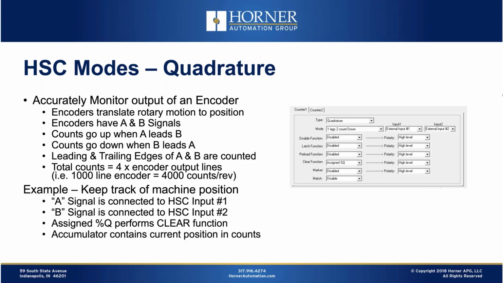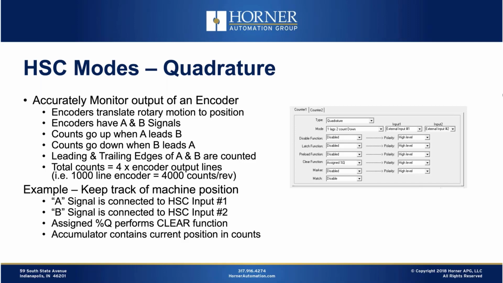So it's often used in the find home operation, where you not only want to go to a home switch, for instance, but you want to then line up your marker exactly with the home switch so that you have the most accurate find home possible. So again, marker is an option you can wire into the OCS high-speed counter option. But in this example, I'm not using the marker.